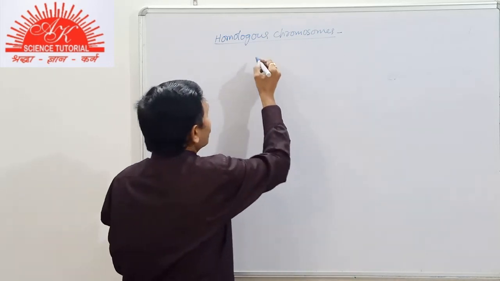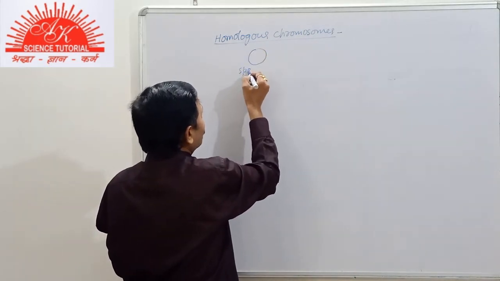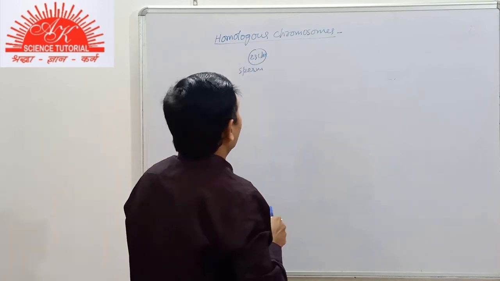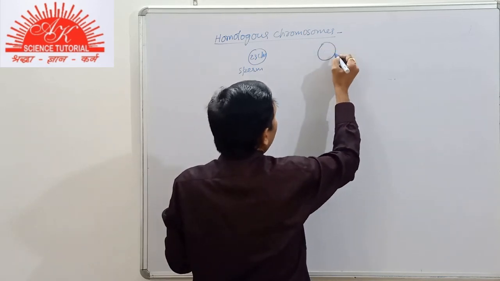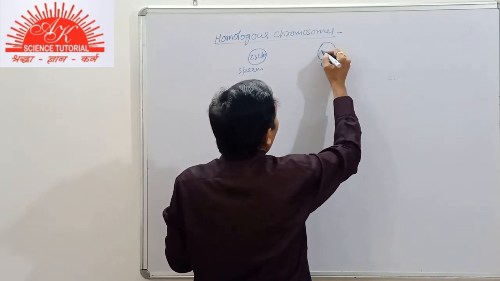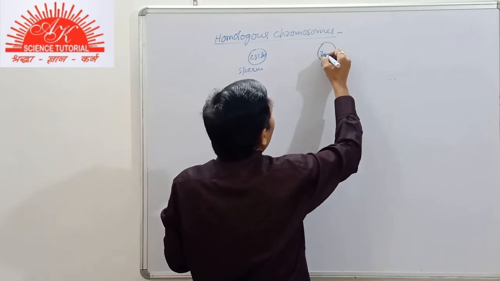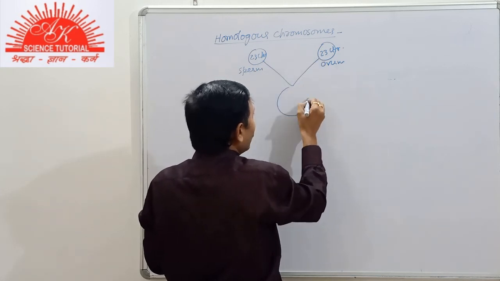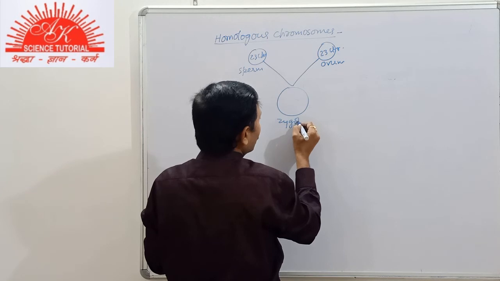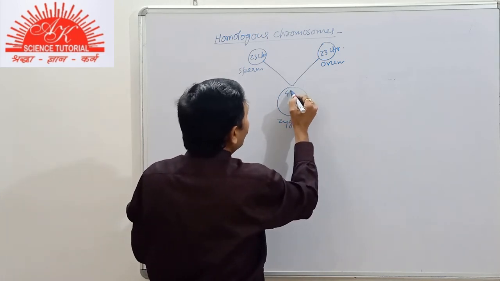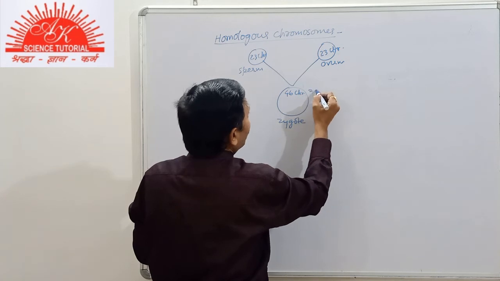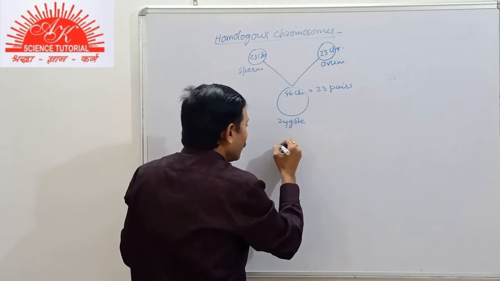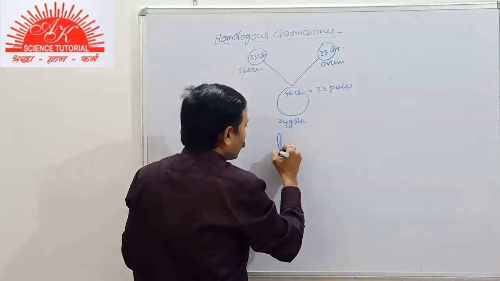Like you see, suppose there is a sperm with 23 chromosomes. Here there is an ovum, which also has 23 chromosomes. When fertilization takes place and zygote is formed, there are 46 chromosomes, that is 23 pairs. In each pair, suppose we take this type of chromosome.